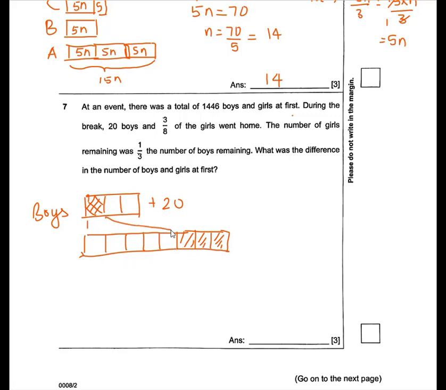Since when I started drawing I didn't have enough information, what I drew was not correct. So the actual drawing should look something like this: this plus 20, divided into 3 parts.